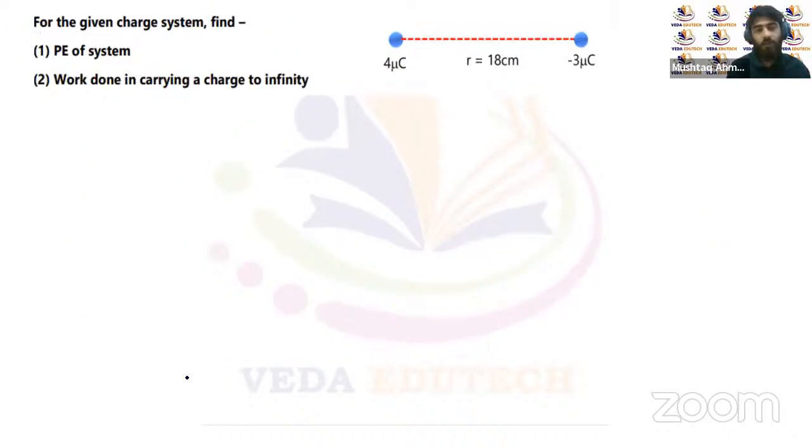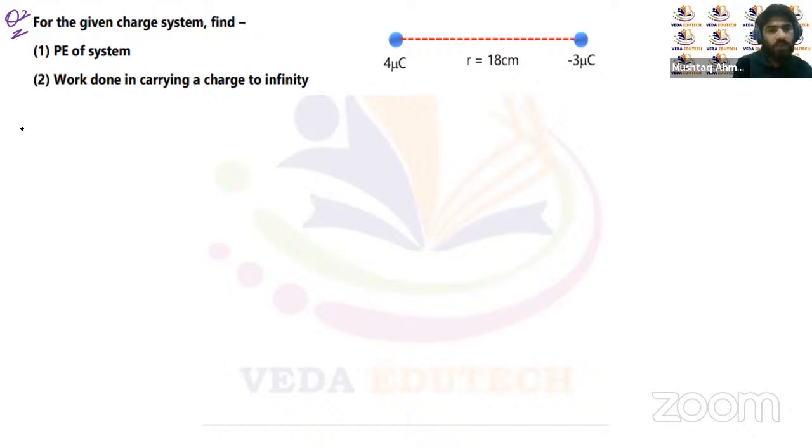Let's discuss question number 2 with respect to potential energy. For the given charge system, find the potential energy of the system, and then calculate the work done in carrying a charge to infinity. Suppose we have done some work in assembling the charges 4 microcoulomb and minus 3 microcoulomb.